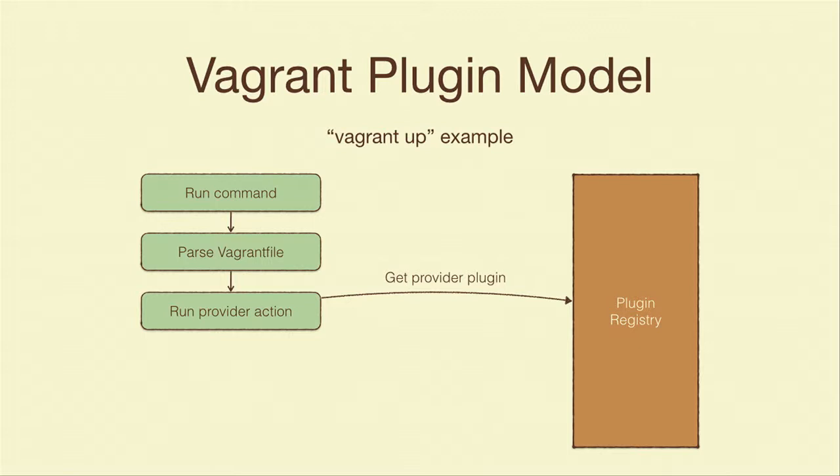The plugin registry knows everything about all available features and functionalities on our machine. So let's assume that we are working with the default provider, VirtualBox, for example. At this step, Vagrant requests the implementation of the provider component named VirtualBox. Since it's an integrated plugin, it's available in Vagrant out of the box, so it works fine.